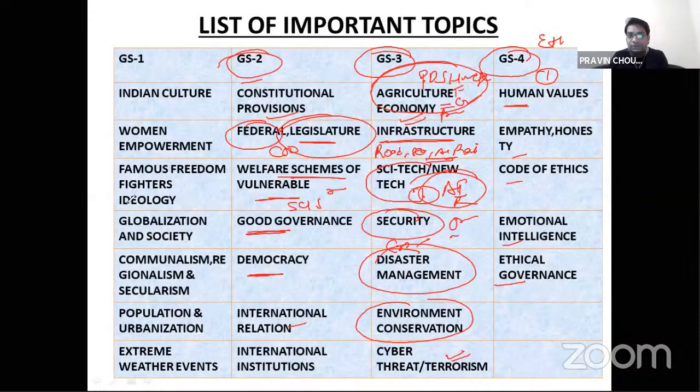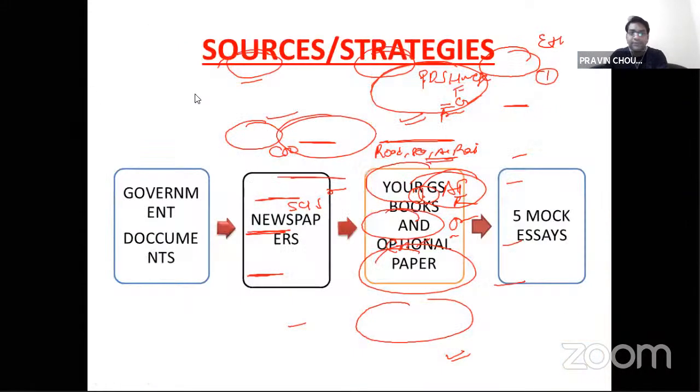Once you revise your GS paper, you have a broad understanding of the GS subjects along with your optional subject. Then you see the past year question papers and select one topic. Try to first write your past year essay topics, whatever UPSC had given you. Then you move to other new topics given by institutions.